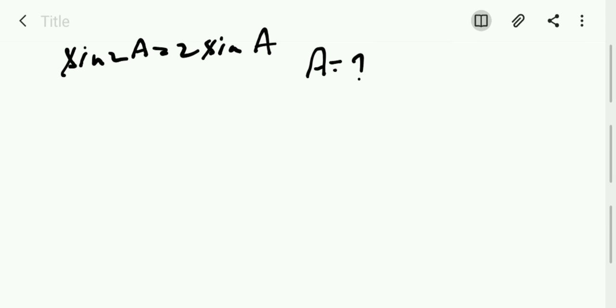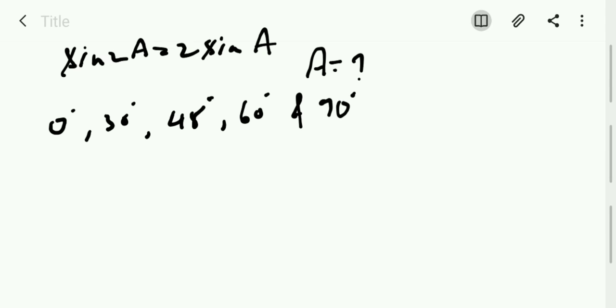Now how many angles do we have? 0 degree, 30 degree, 45 degree, 60 degree and 90 degree. Now you apply each value of a: take the value of a as 0, 30, 45, 60 and 90, and check for which value you get both LHS and RHS equal.